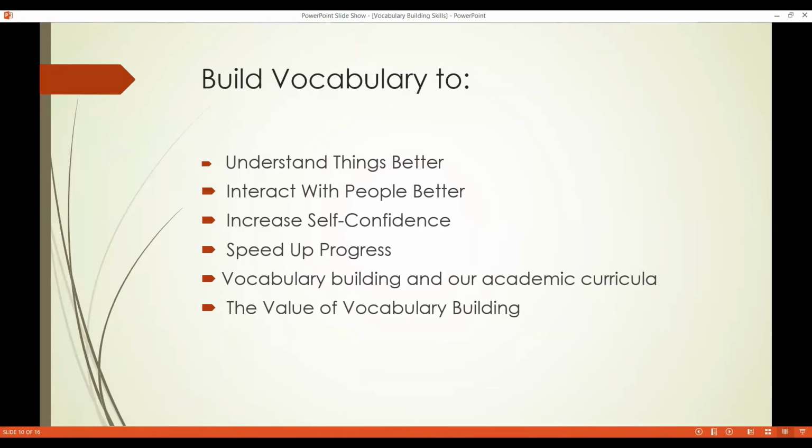A sort of social stigma is often applied to people who do not have the ability to clearly express themselves. A good vocabulary definitely increases self-confidence and can speed up your learning. It is much easier to understand difficult sentences and phrases. So it helps you in speeding up your progress.